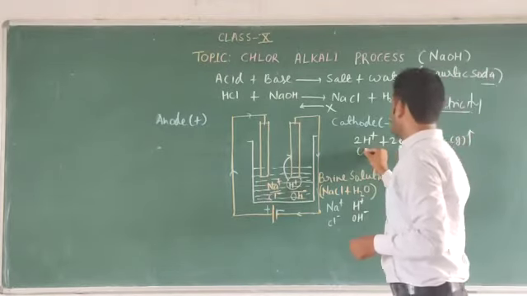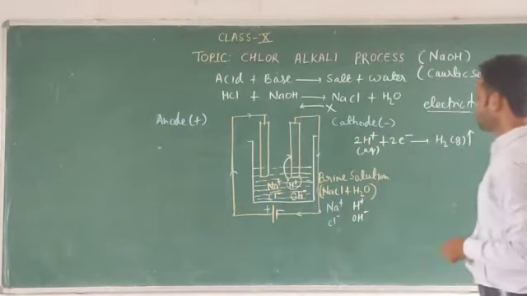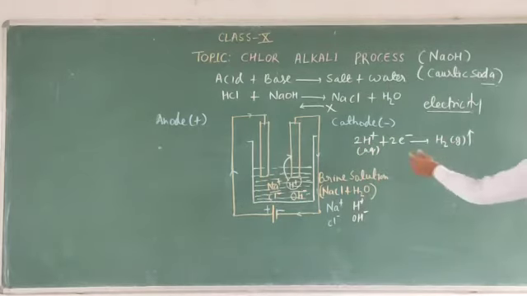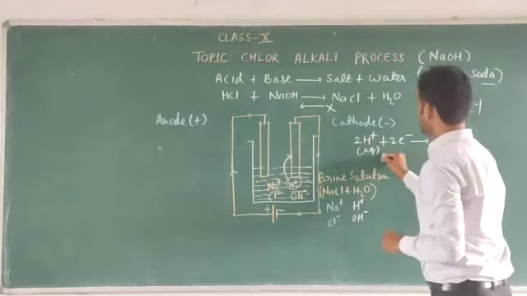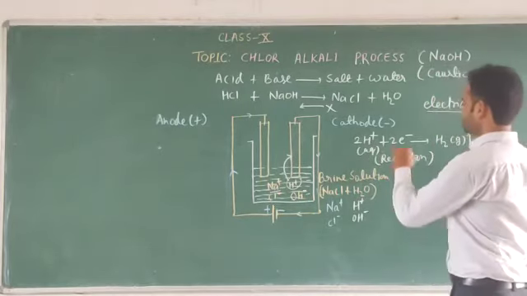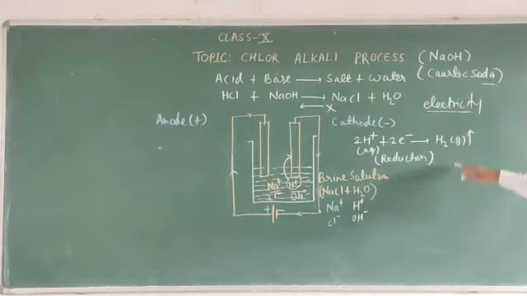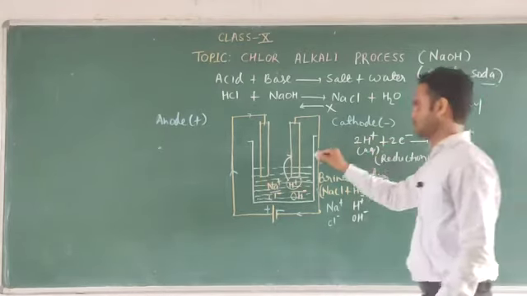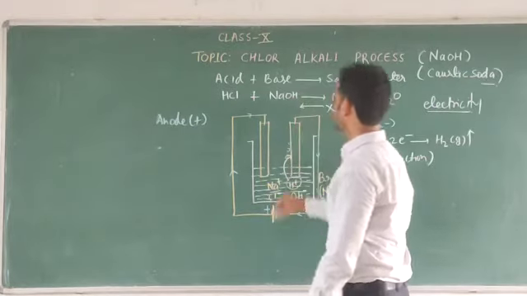So there is gain of electrons, that means reduction is taking place here. The hydrogen ion, after being reduced, gives hydrogen gas, which is given off at the cathode in the form of bubbles.